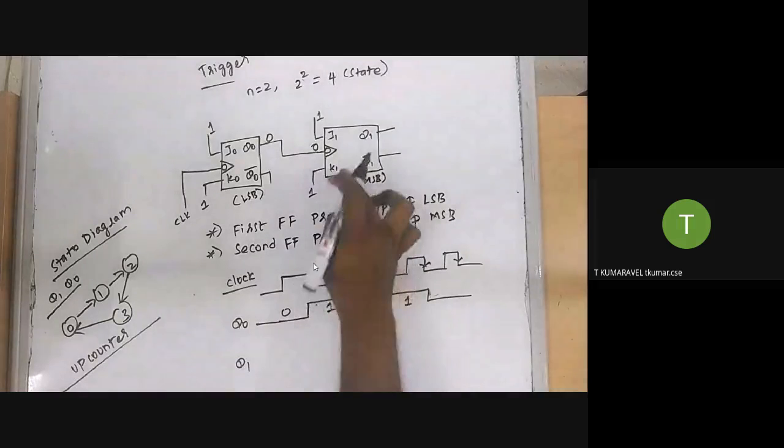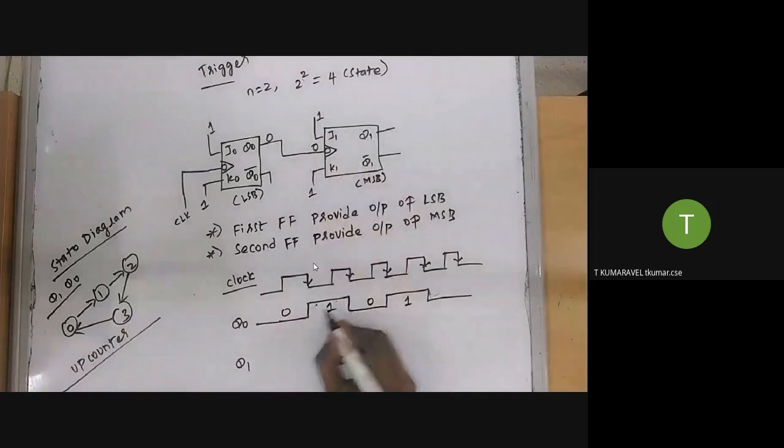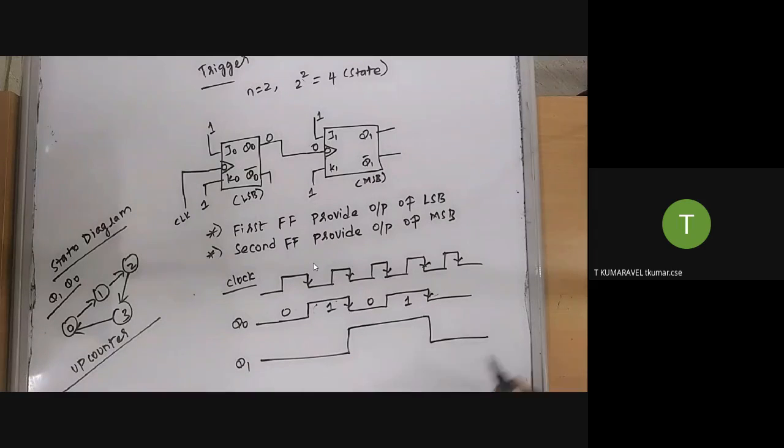So when does it operate? Whenever the negative edge trigger occurs, this is a positive, this is a negative, this is a positive, this is a negative. Only then is it going to operate. This is a 0, this is a 0, this is a 1, this is a 1, this is a 1.